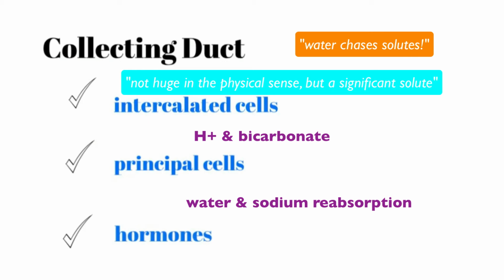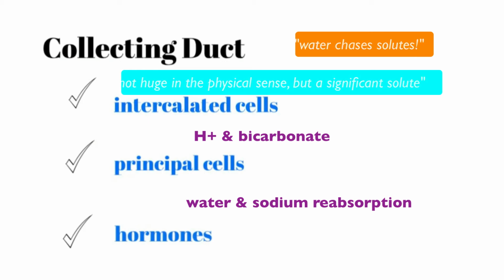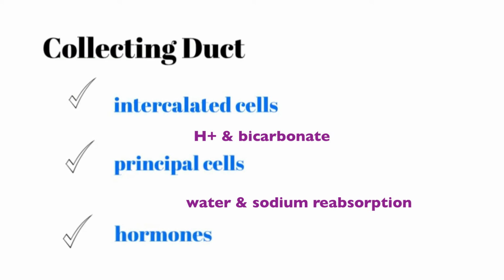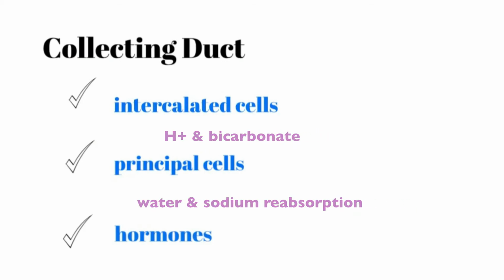And it's not so much there is a greater quantity of solutes in the urine. It's just that so much water has been reabsorbed that the body produces a darker urine because of the lower water content of that urine, because the water has been reabsorbed. So the principal cells are responsible for reabsorbing sodium and water.